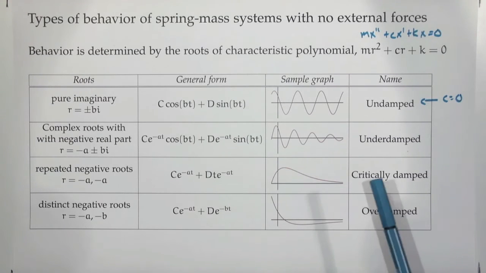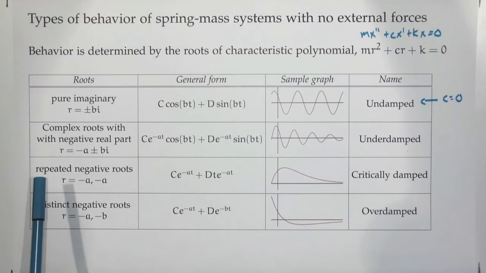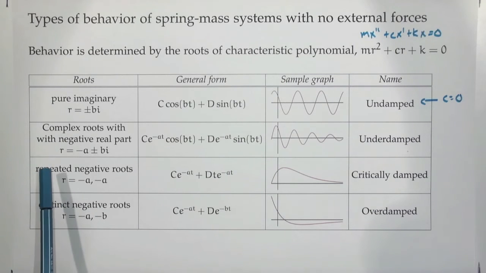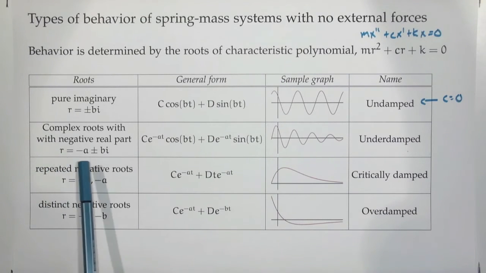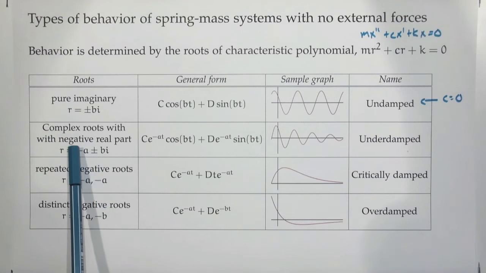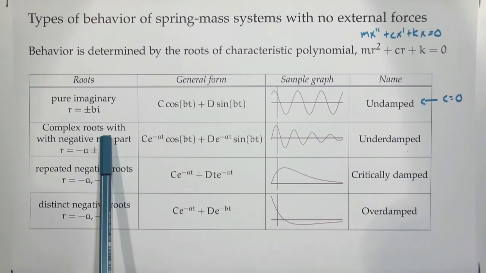Then you might say, well, what if I just imagine turning up the damping a little bit? So I'm turning c up just a little bit. We call that underdamped. Well, that's when you're going to get complex roots. So you have a little bit of a real part and a little bit of a complex part.